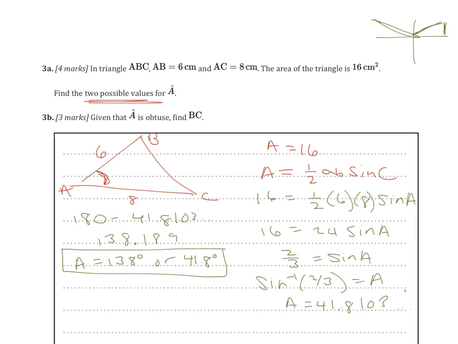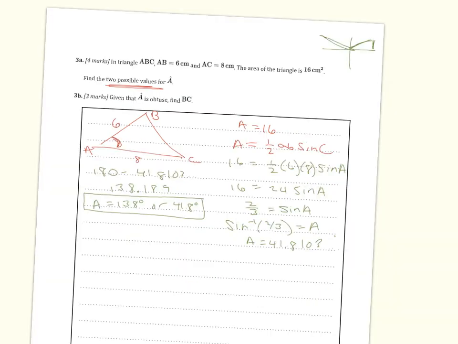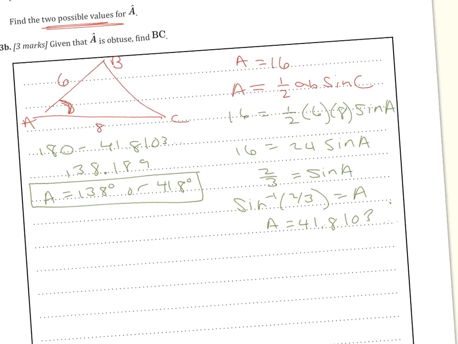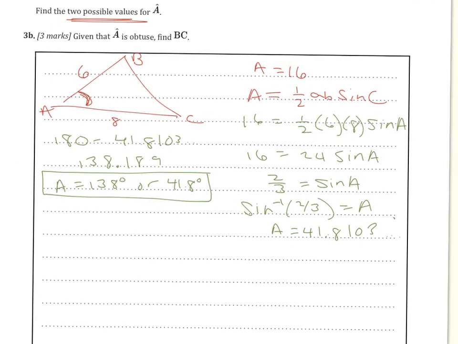Then it says, given that angle A is obtuse, find BC. So now we assume that angle A is obtuse, so that tells us we can move forward with this problem as if angle A is 138 degrees. Now we can find length BC.